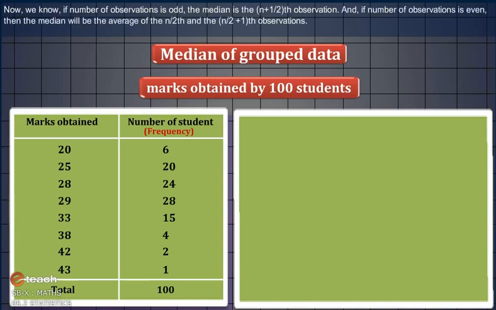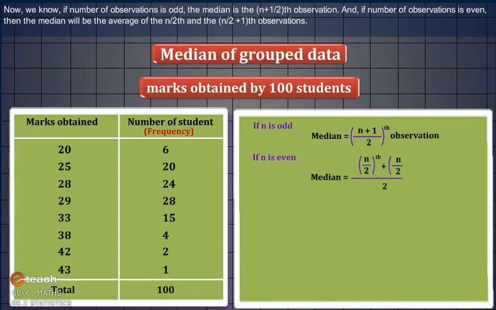Now we know if the number of observations is odd, the median is the (n+1)/2th observation, and if the number of observations is even, then the median will be the average of the n/2th and the (n/2+1)th observations.